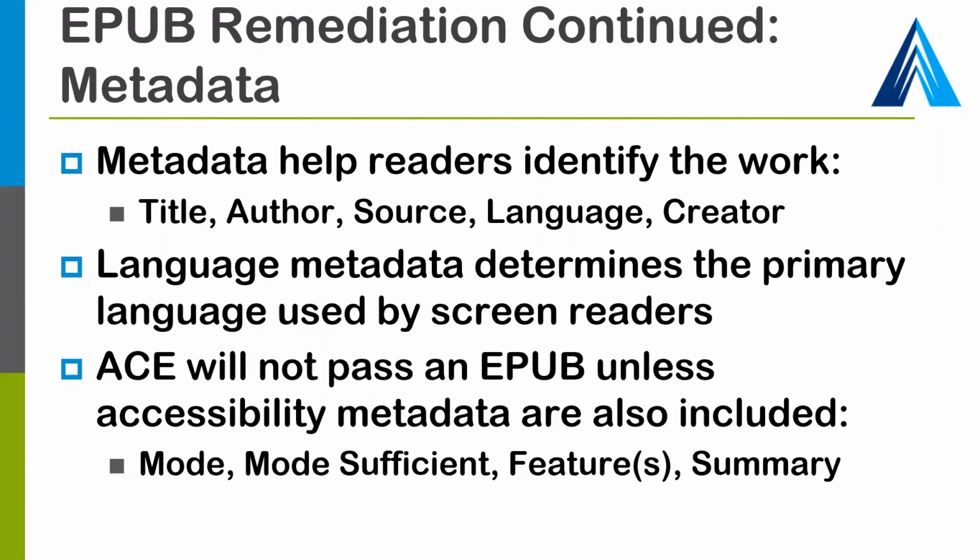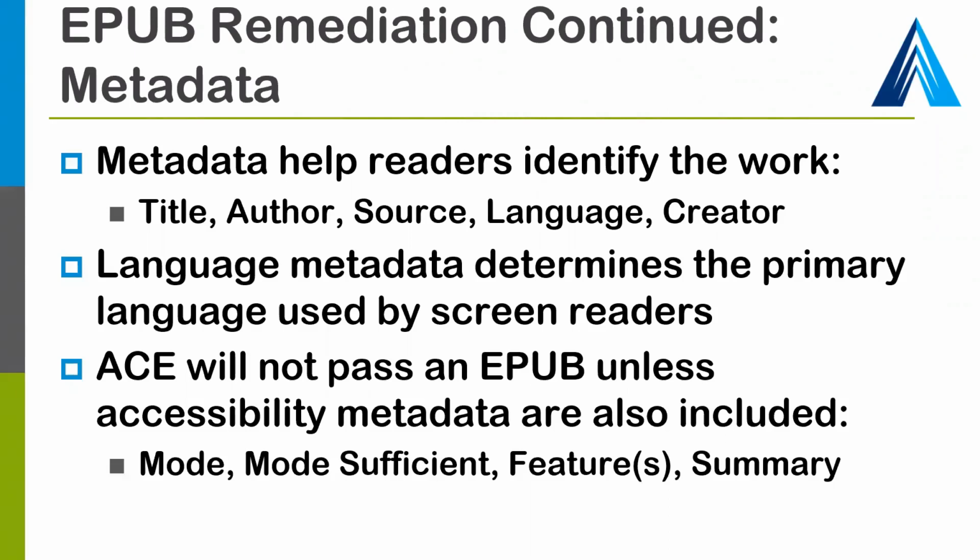For example, if you have added alternate text for all of the images in your EPUB, you can communicate this information by adding metadata to the OPF file or package file, which is part of the EPUB where the metadata are located. In the metadata section of the OPF file, you would simply add the accessibility feature metadata property and type alternate text for the value of that property.